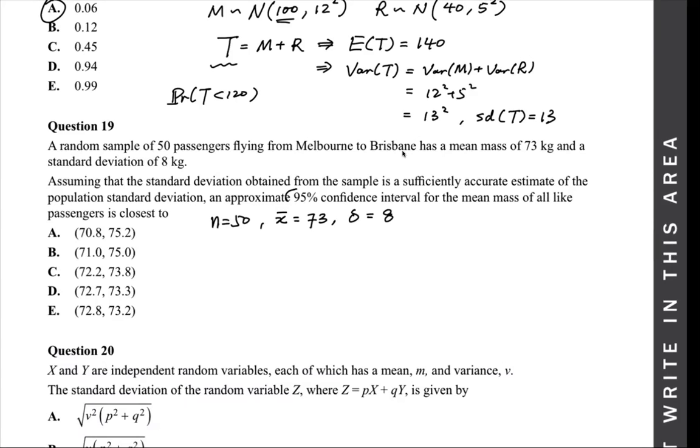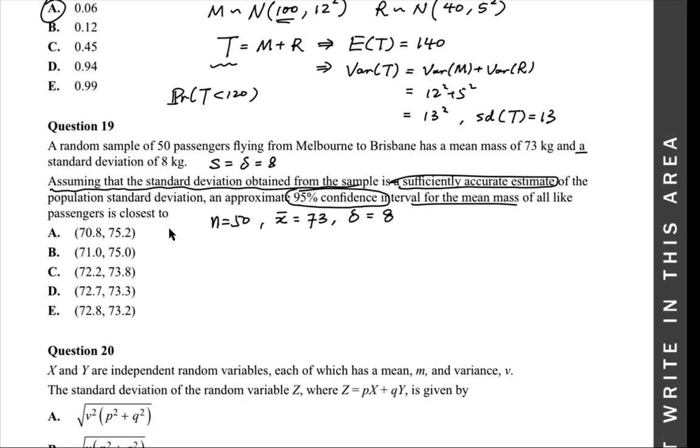Now we want to find an approximate 95% confidence interval for the mean mass, assuming that the standard deviation obtained from the sample is a sufficiently accurate estimate. What the question is saying is that this standard deviation is actually S, the sample standard deviation. But because the question gives this assumption, we can assume S equals sigma, the population standard deviation, okay?